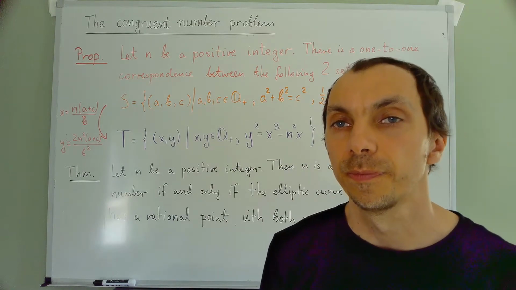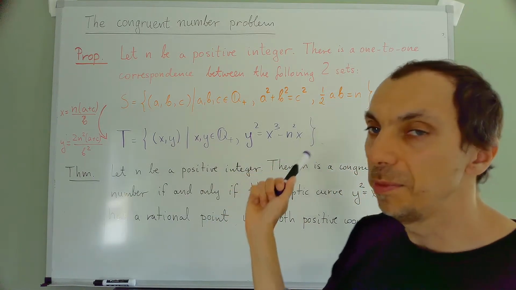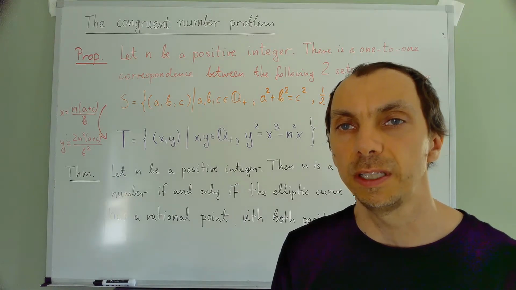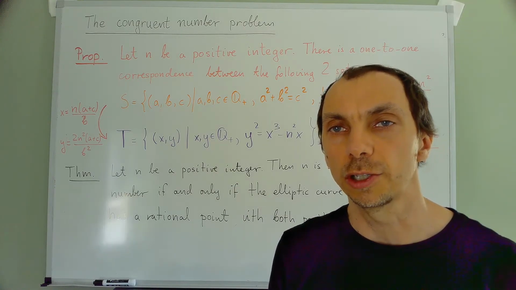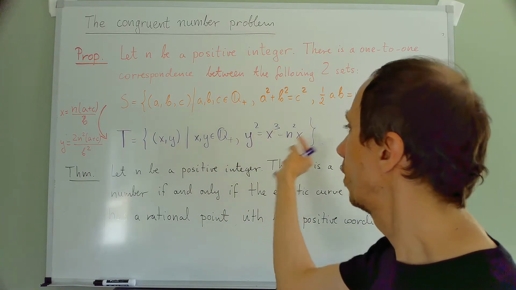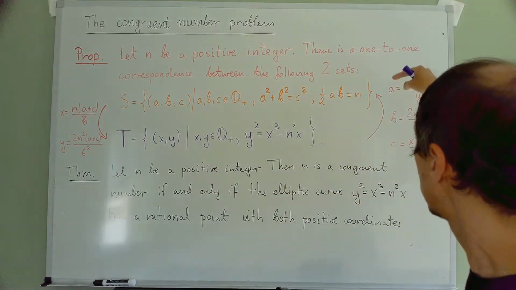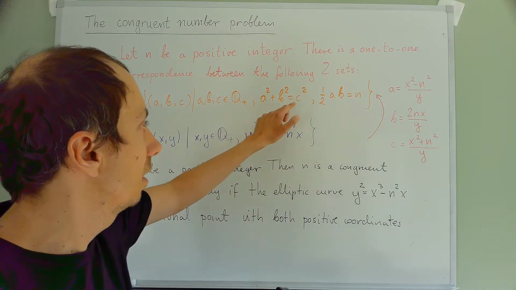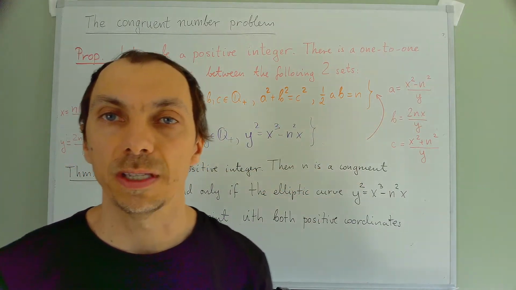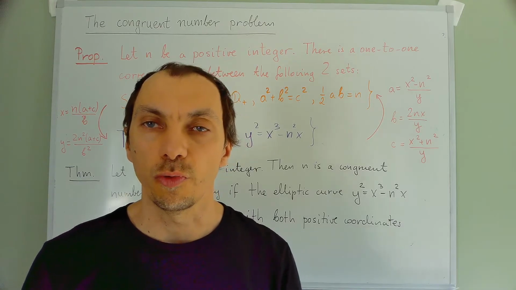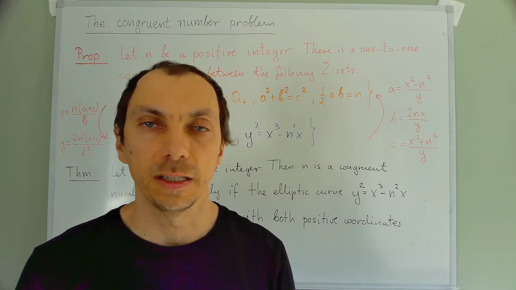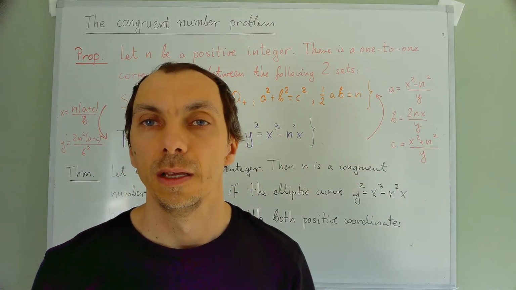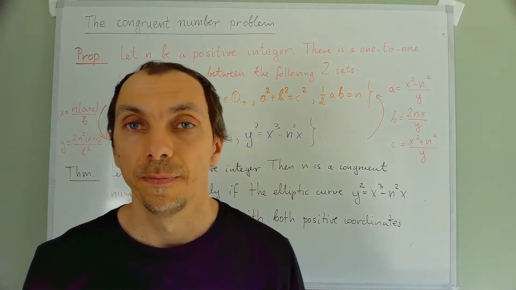If I am able to find x and y, both positive rationals, that satisfy that equation, then according to this recipe, I will get a, b, and c that satisfy that and that. So I will get a right triangle with rational sides a, b, and c, made up of these x's and y's, and the area is equal to n.